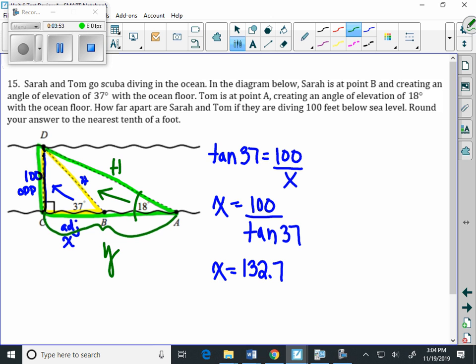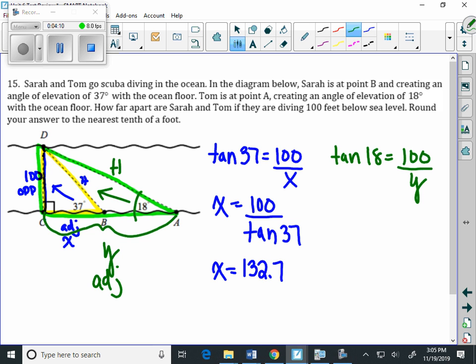We already have that opposite written in blue, and that means our y value here is the adjacent, and this is going to be another tangent function. So it's going to be tangent of 18 equals 100 divided by y.